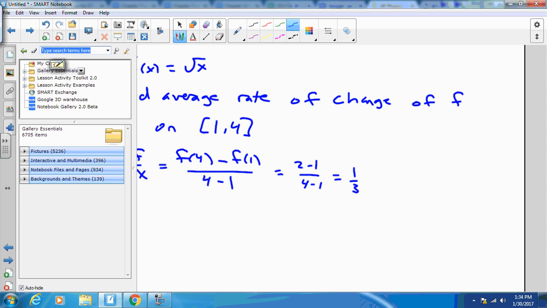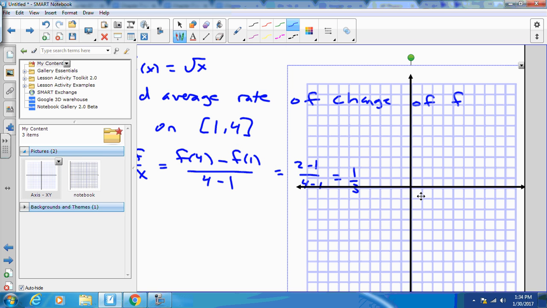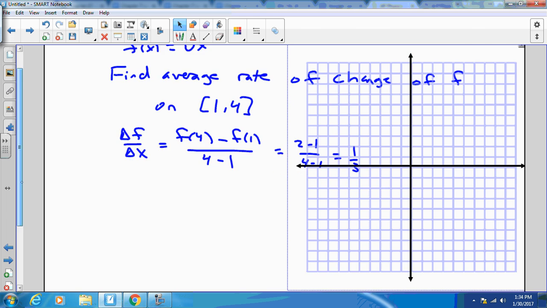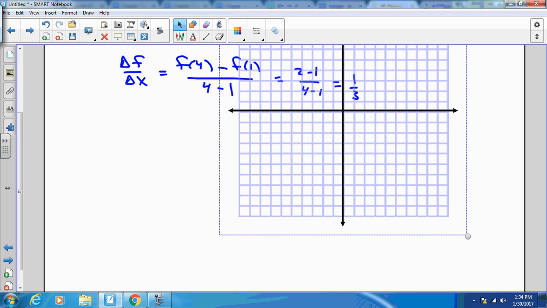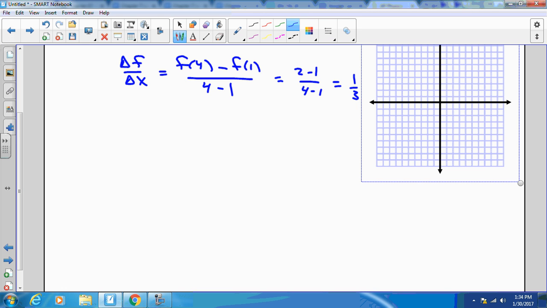What does this mean? Well, if we take a look at a graph, maybe a smaller graph right here. Shrink this down a little bit. So here comes y equals square root of x.